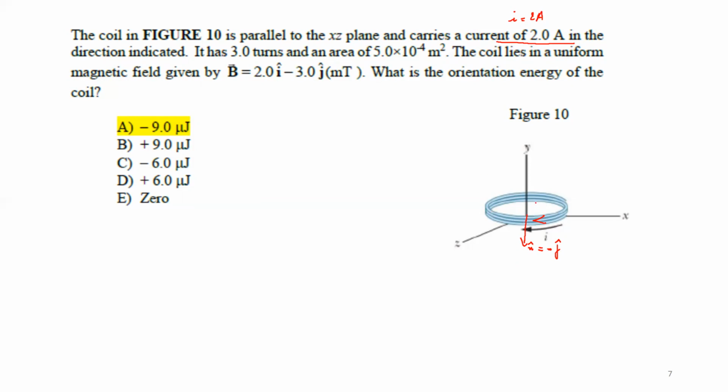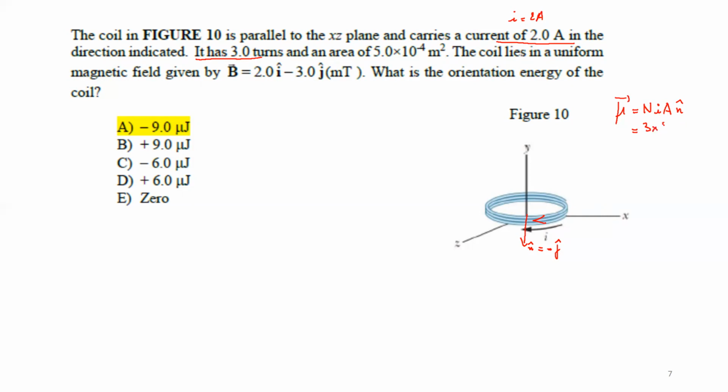So you know that my magnetic dipole moment will point downward. What is the magnetic dipole moment? It's just N, the number of turns, multiplied by I, the current, multiplied by the area of the loop, multiplied by N hat. Here, I told you that it has 3 turns, so the number of turns is equal to 3.